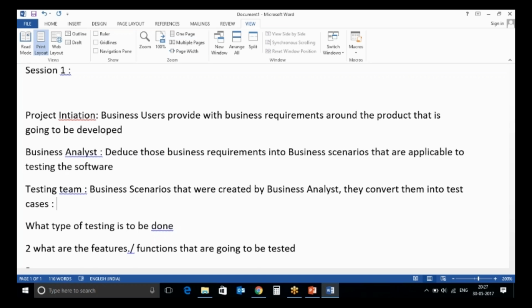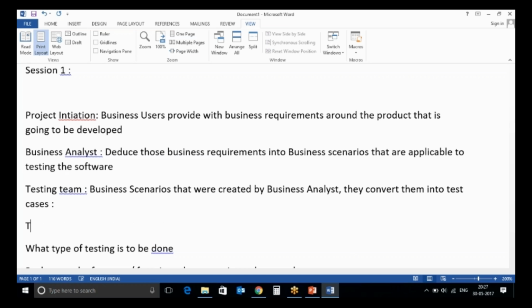Before converting them into test cases, test planning is done, and a strategy comes into the picture.